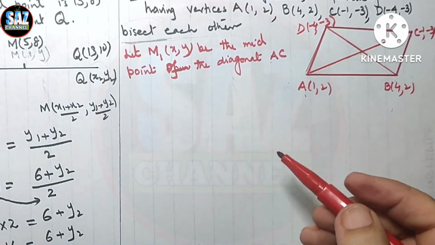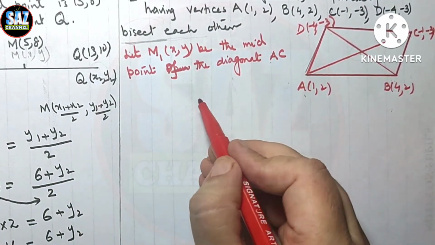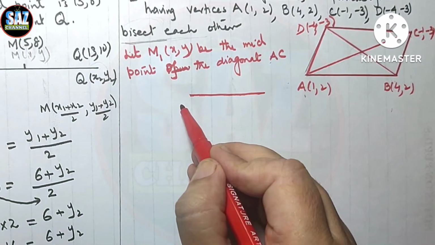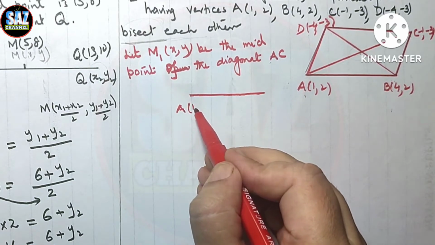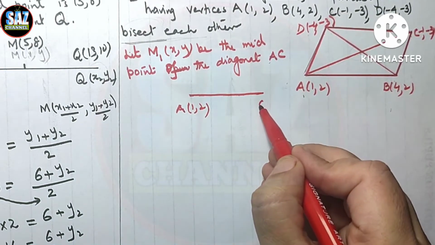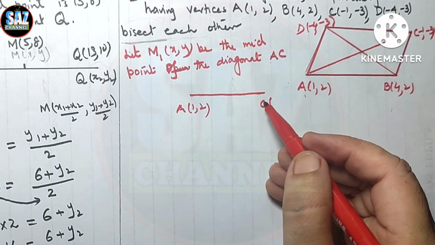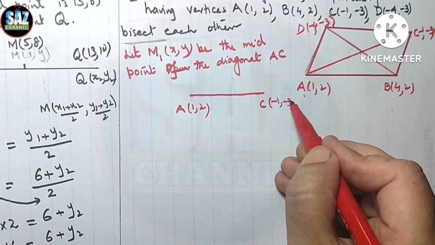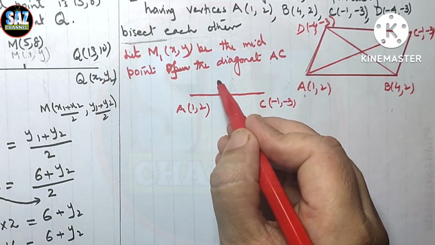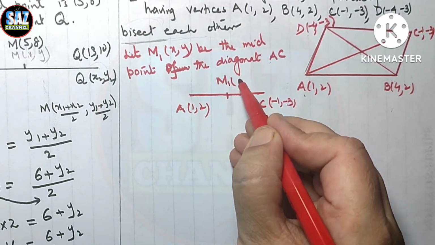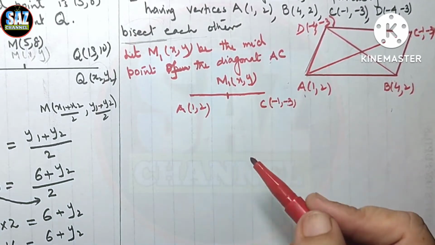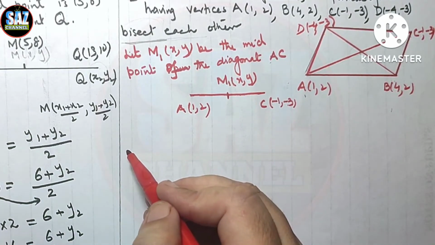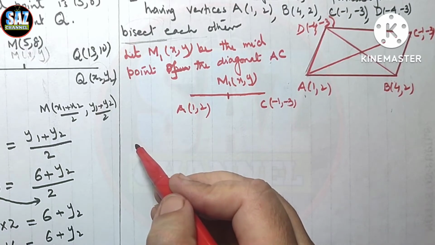For better understanding, it's good to draw a small figure here. Now, A has the coordinates (1, 2) and C has the coordinates, let me reconfirm, C is (-1, -3). And M1(x, y) is the midpoint.